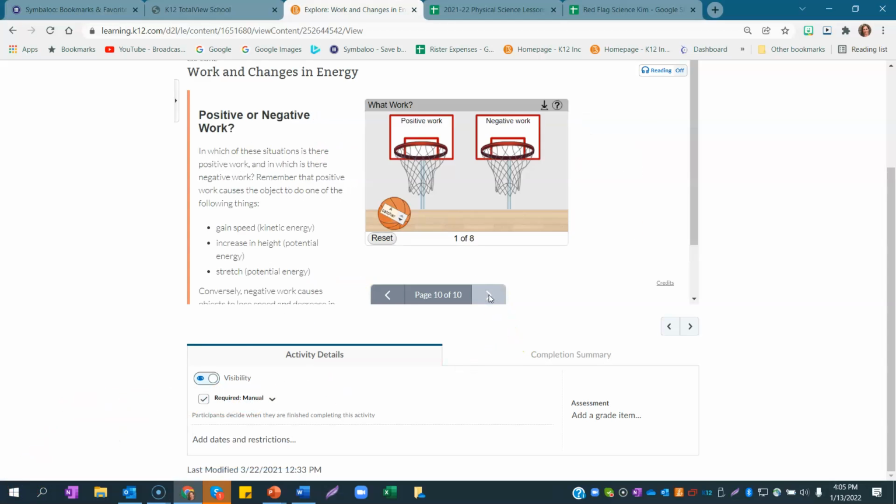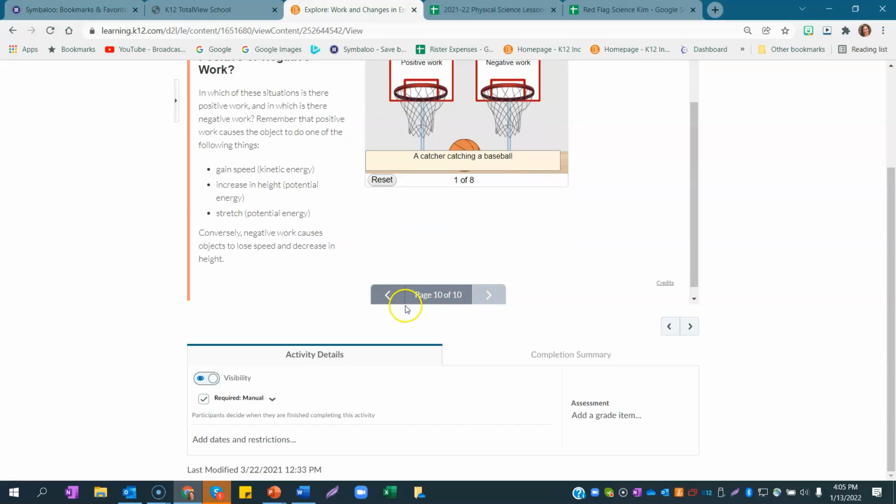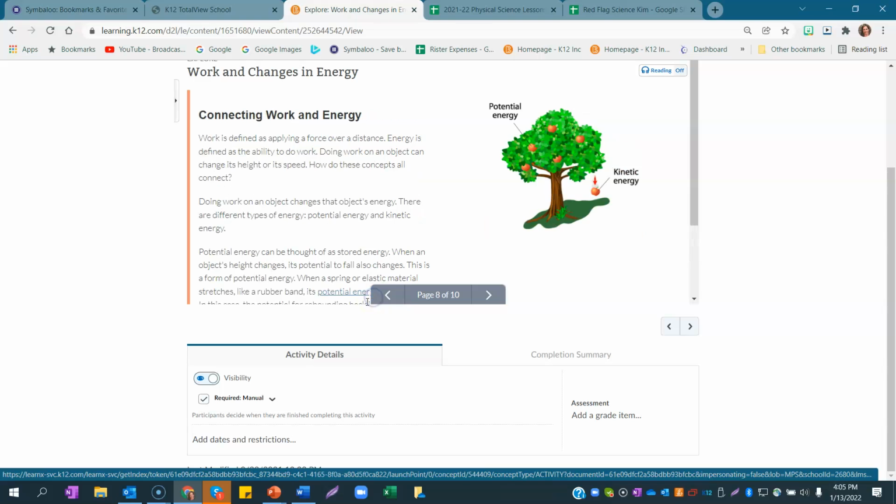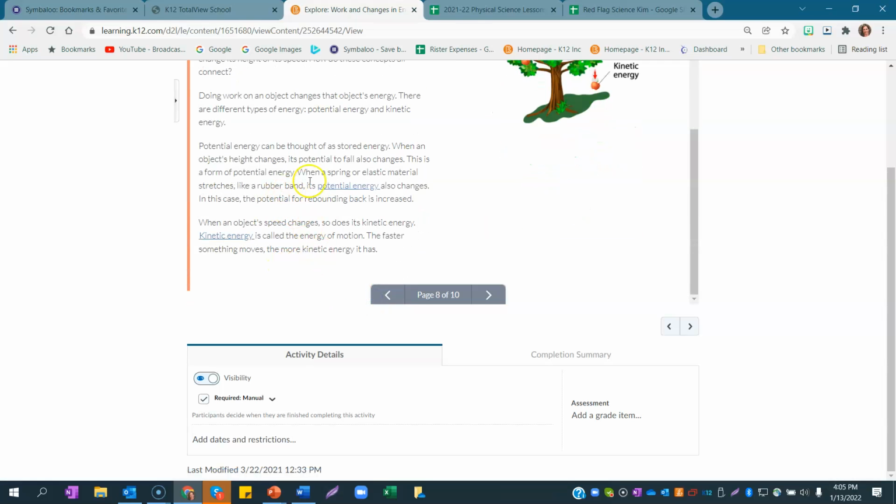All right, so let's look at positive or negative work. That last guiding question, how is potential energy converted to kinetic? If we go back, make sure we got that answered as that loop, right?